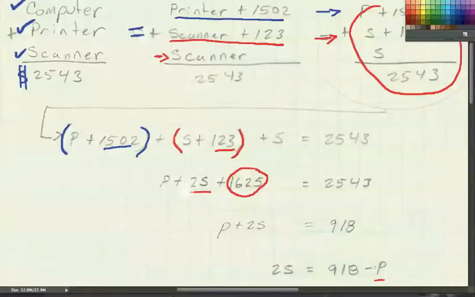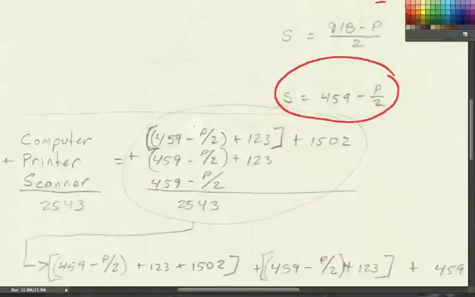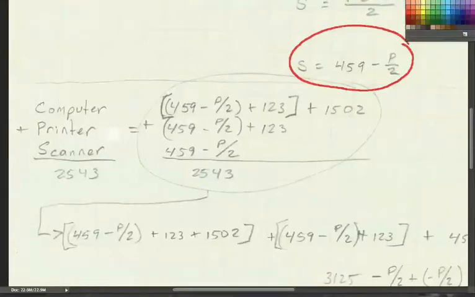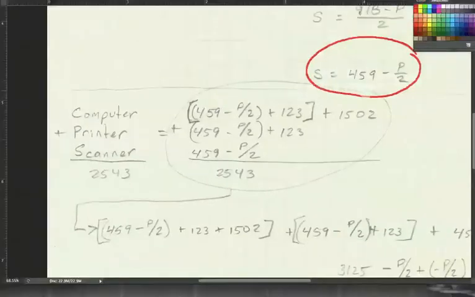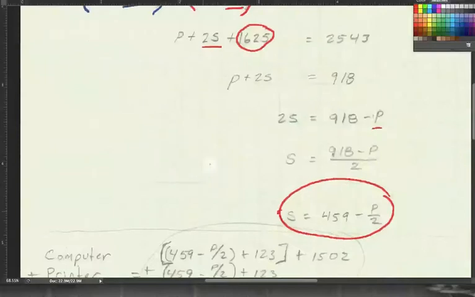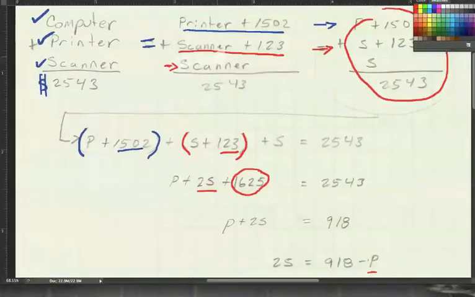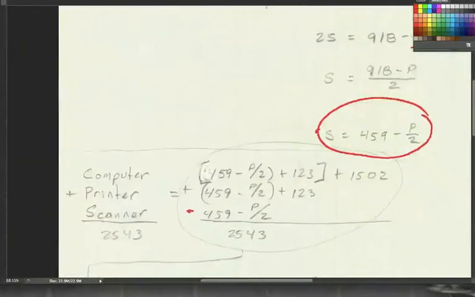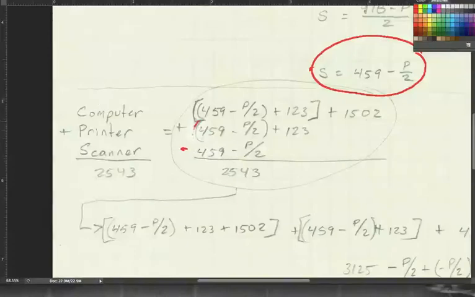I know the scanner is this amount right here. Looking at the printer, I know that is the scanner plus 123. Well, this is the scanner right there plus 123.